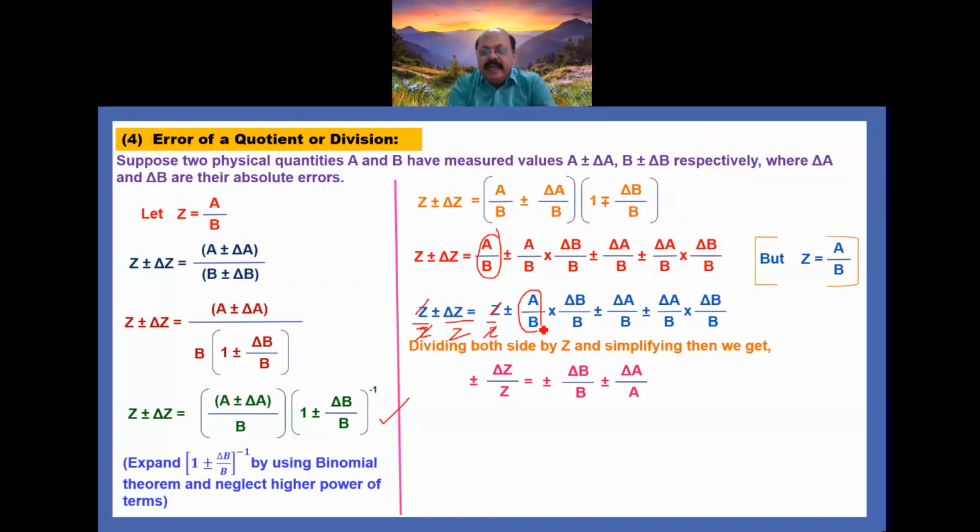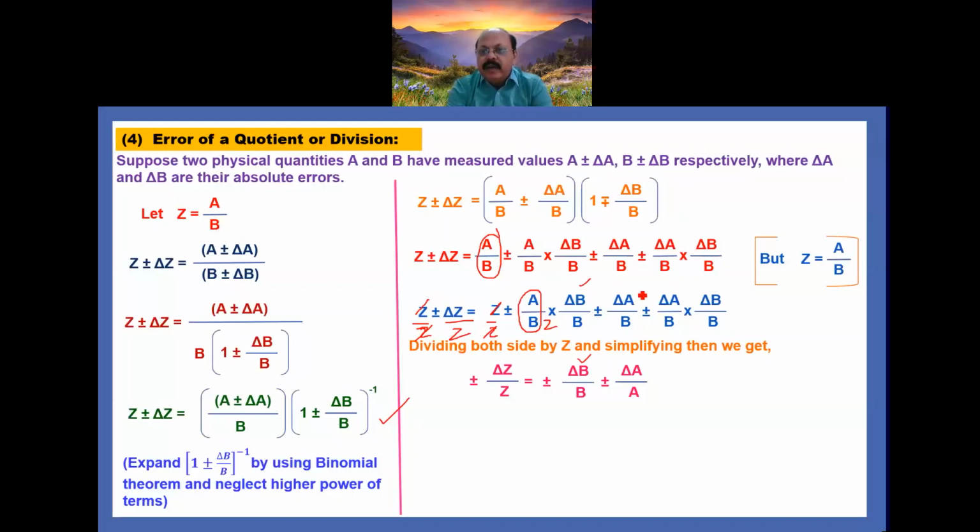Similarly, when you divide it by z here, z is a upon b, so b comes in the numerator, then b and b get cancelled, a gets cancelled, so only you will get delta b upon b.